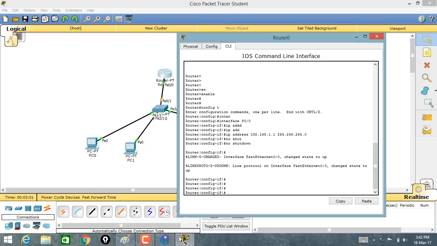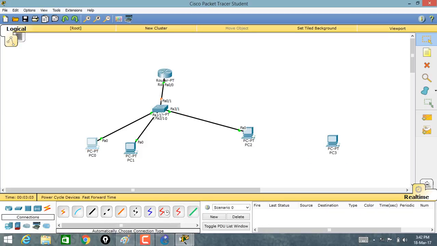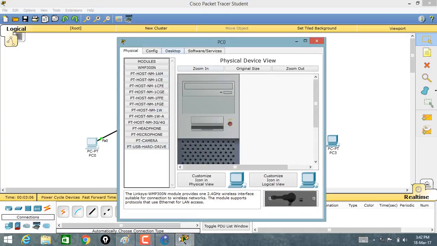Then what we'll do, we'll go to the PC and go to the desktop.